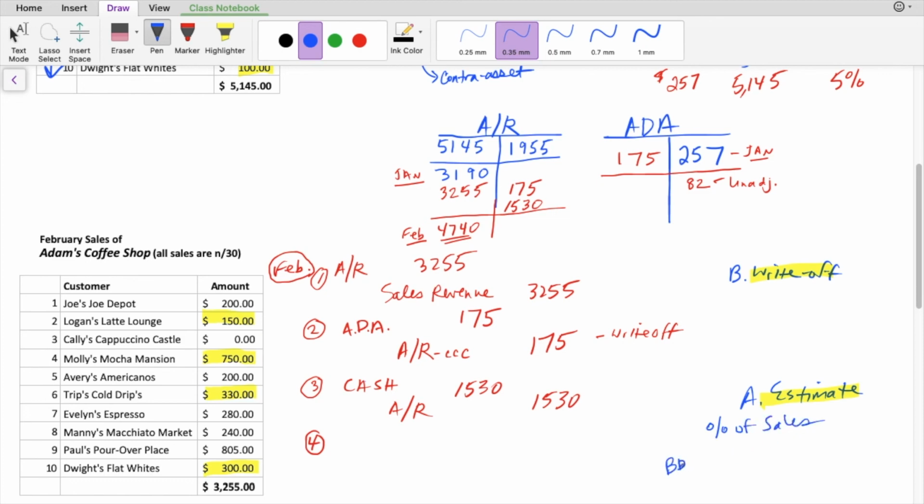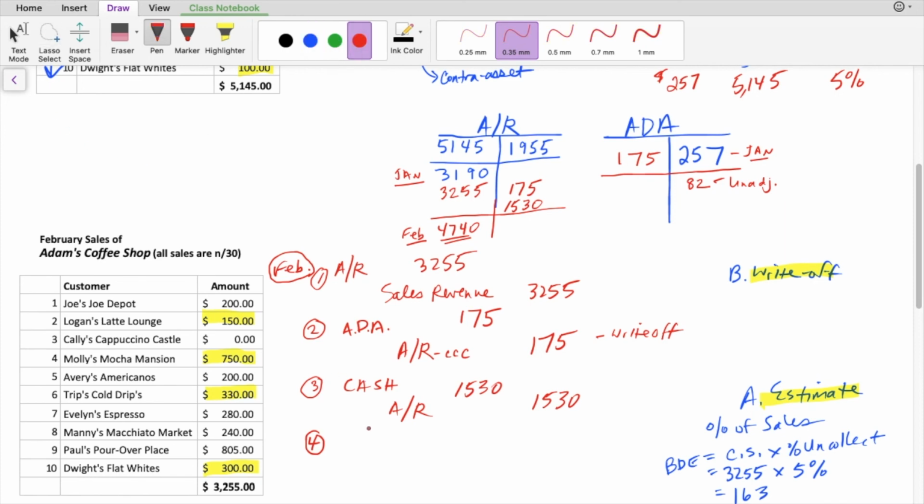And if I'm continuing to use percentage of sales as my method, my bad debt expense is equal to my credit sales times the percentage that I think is uncollectible. My credit sales for February were $3,255, and I'm expecting 5% uncollectible, which means $163.